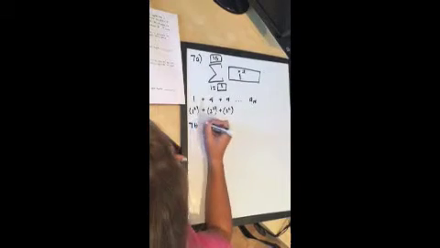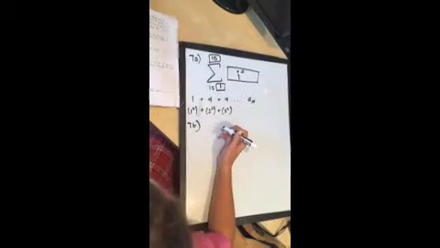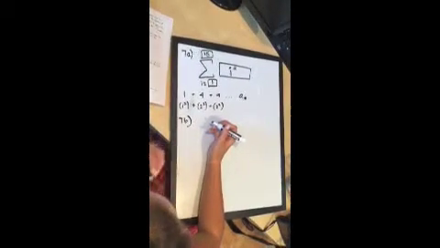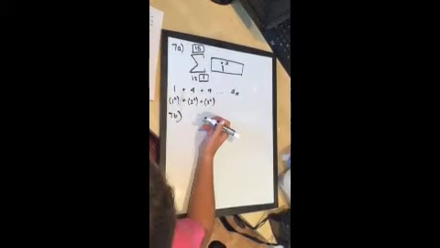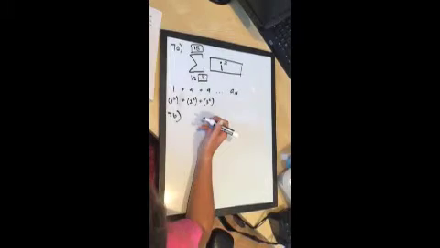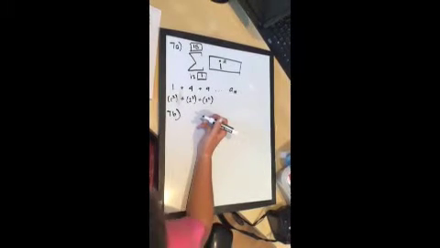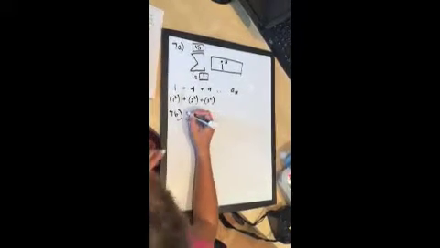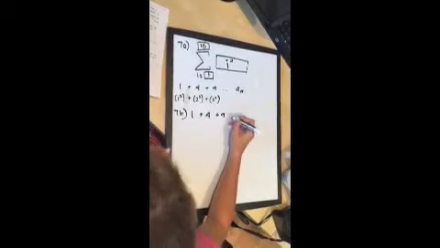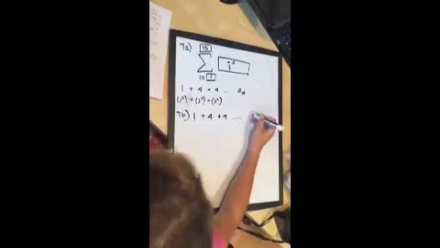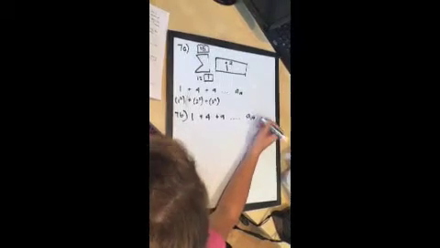Now 7b asks us to use the special formula for the sum of the squares of the first n positive integers to calculate the total number of apples again. So, let's go back to this: 1, 4, 9, all the way to the 15th term.